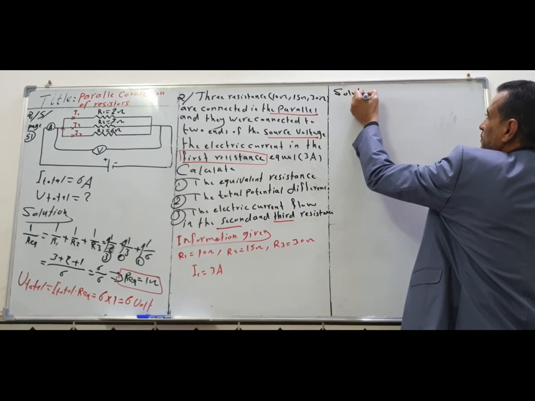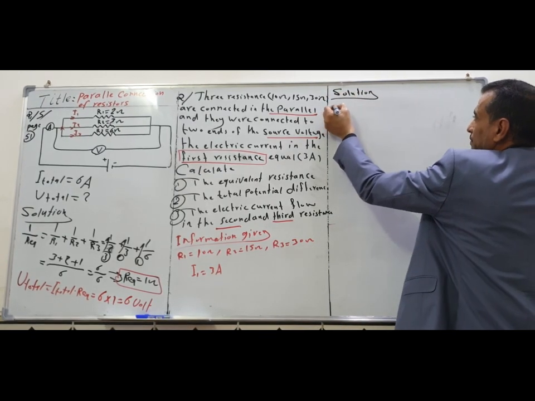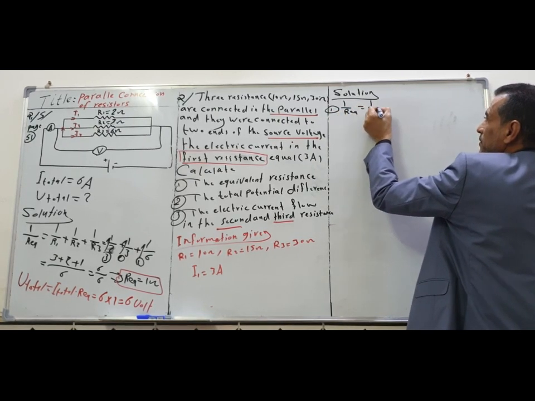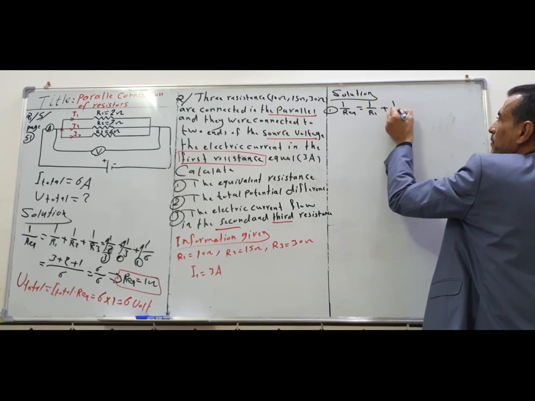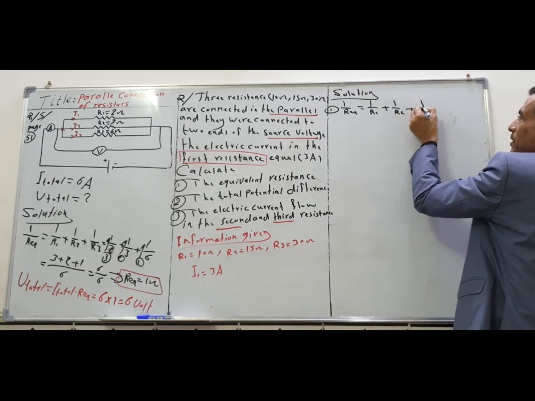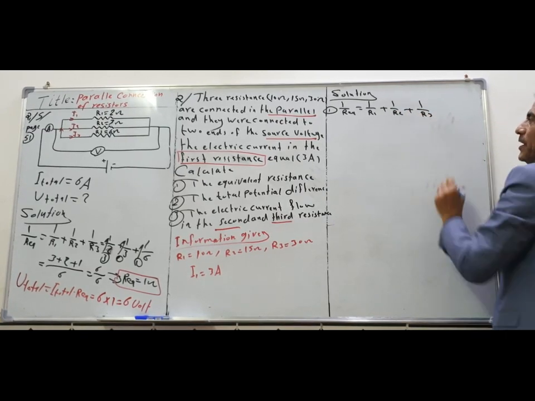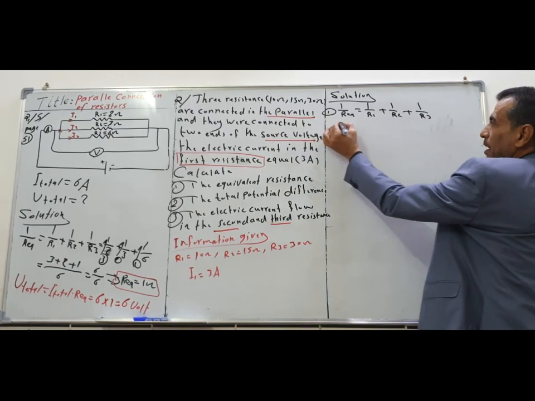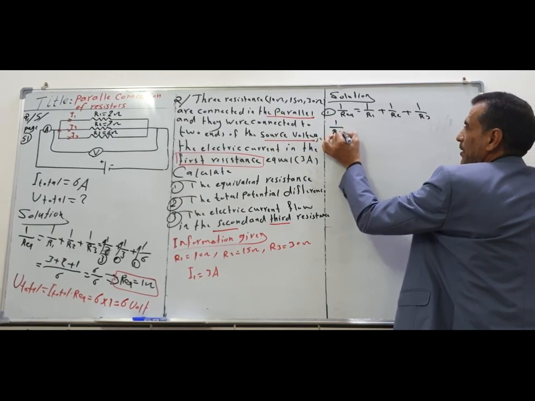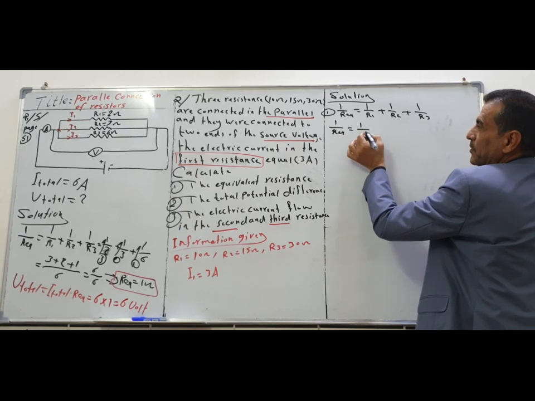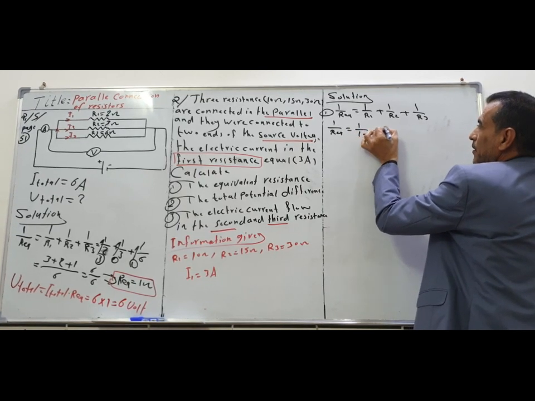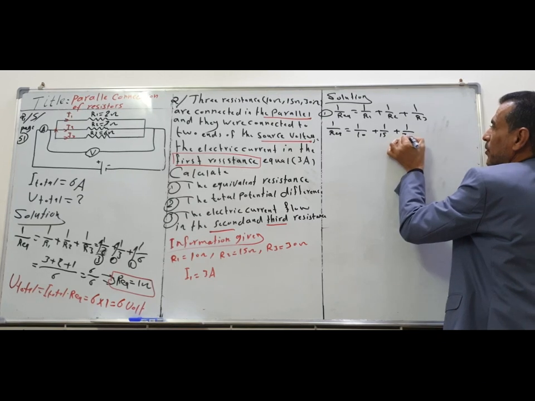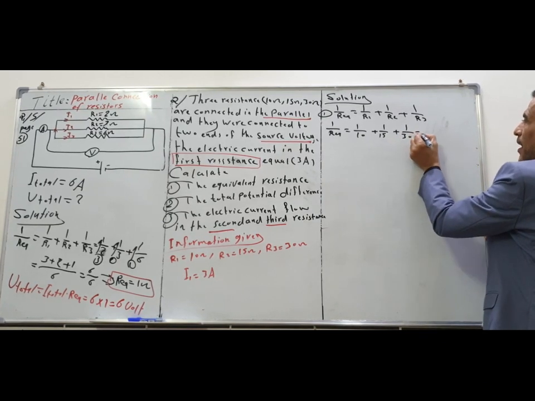Solution. Number 1. 1 divided by R equivalent equals 1 divided by R1 plus 1 divided by R2 plus 1 divided by R3, because the connection is in parallel. 1 divided by R equals 1 divided by 10, 15, and 30.